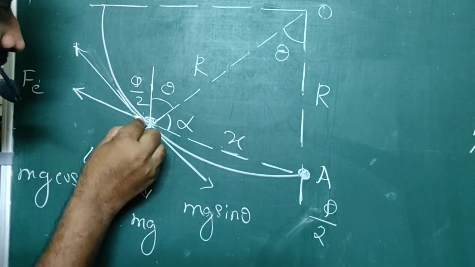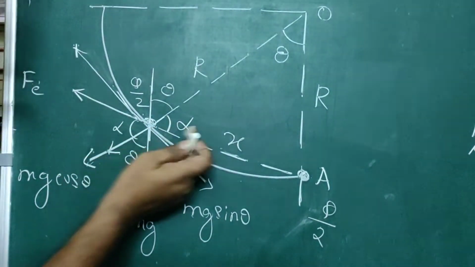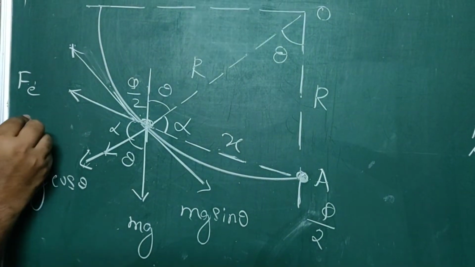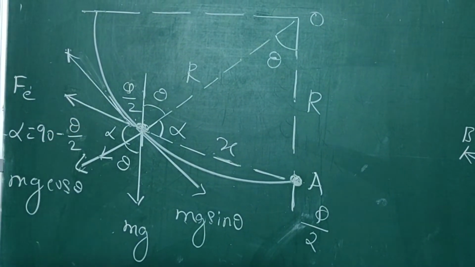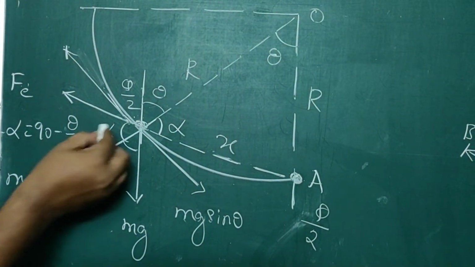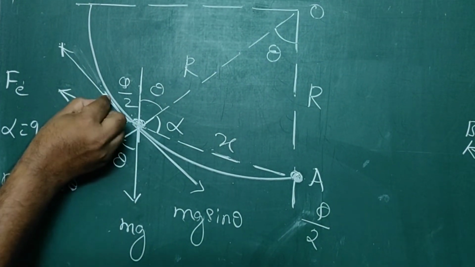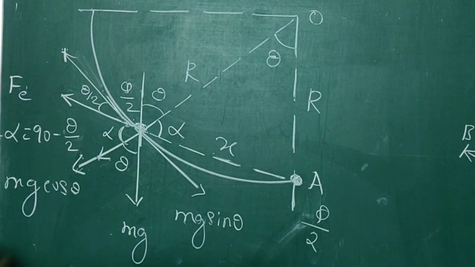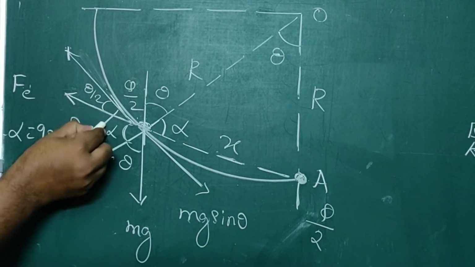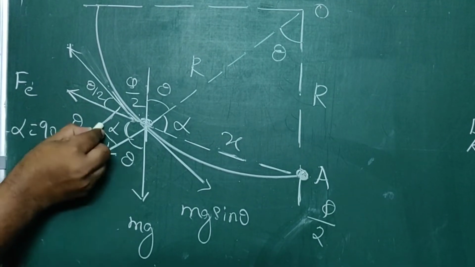If it is alpha, this is also alpha because they are vertically opposite angles, and the value of alpha is 90 minus theta by 2. If it is 90 minus theta by 2, this angle should be equal to theta by 2, because this whole angle is equal to 90 degrees.